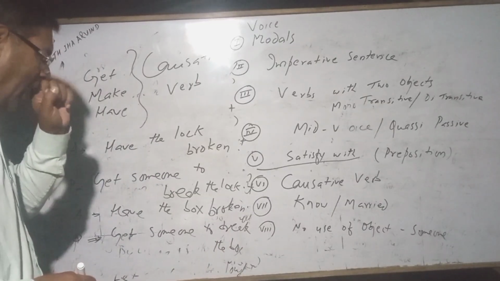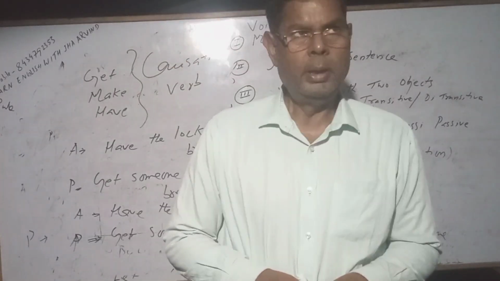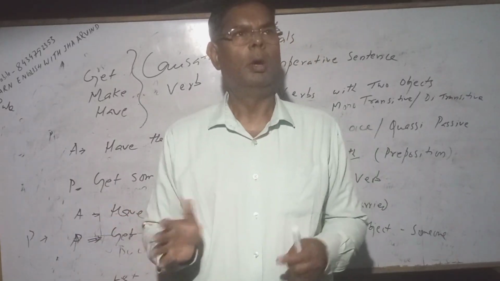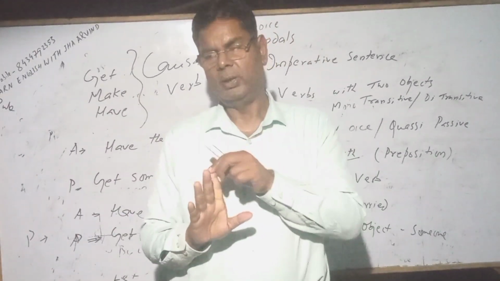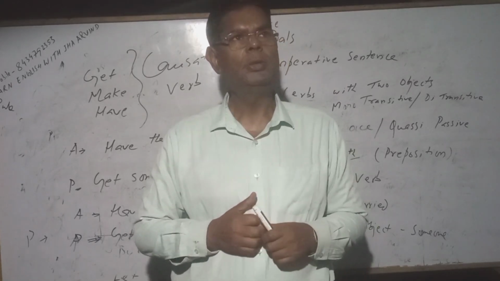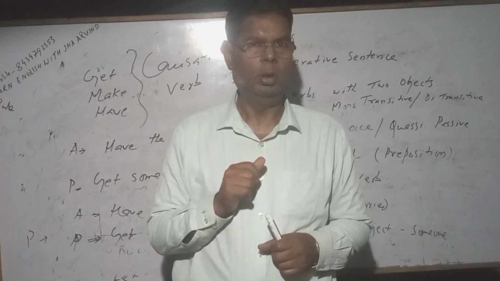Now I'm telling you other rules. Generally we use subject in the place of object and object in the place of subject, but there are some words which are not used as object.